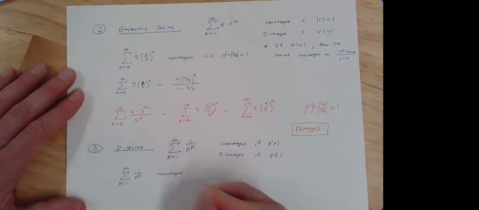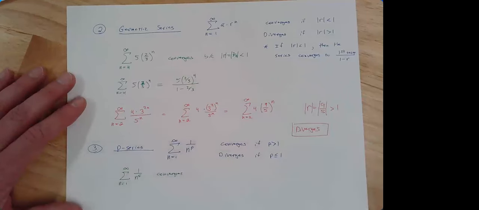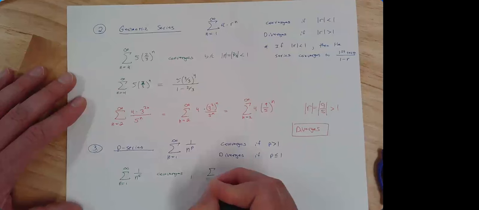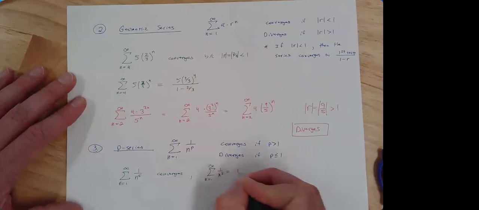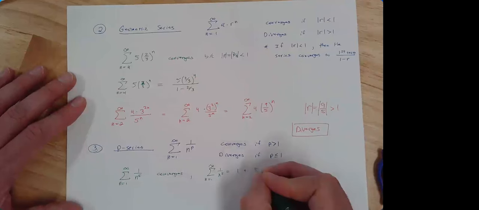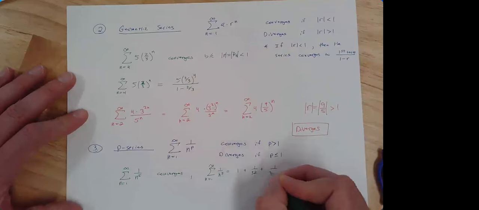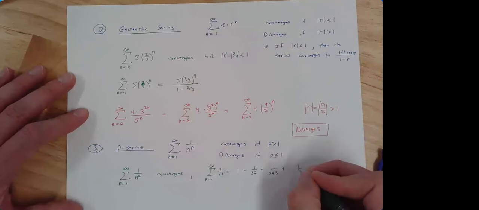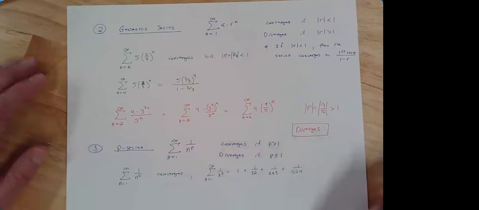Because you're adding up 1 over 1 to the 5th, which is 1, plus 1 over 2 to the 5th, which is 1 over 32, plus 1 over 3 to the 5th, which is 1 over 243, plus 1 over 4 to the 5th, which is 1 over 1,000, right? The terms are getting really small really fast.